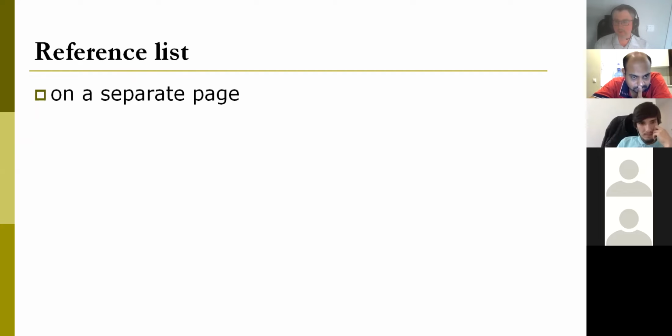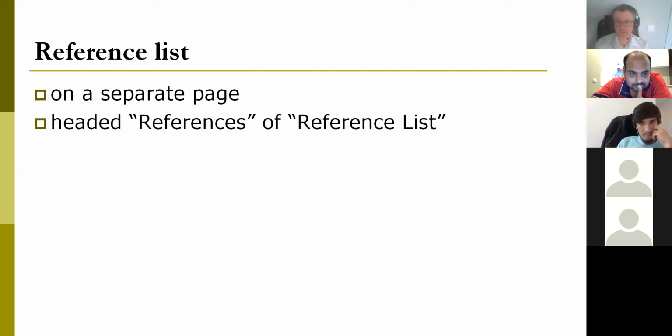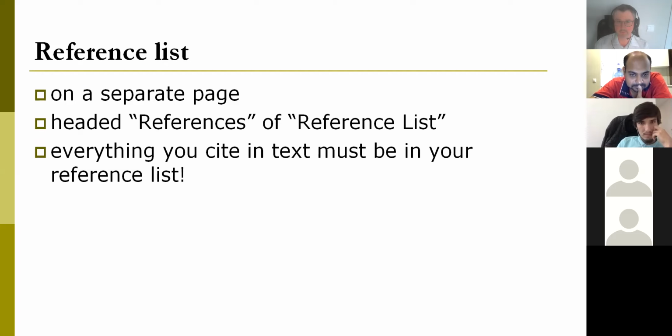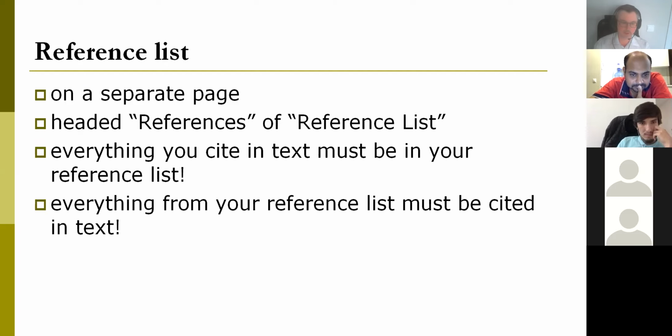So your reference list has to be on a separate page. Okay, and it has to be titled references or reference list. Basically, you include any source that you use for your piece of writing into the reference list.